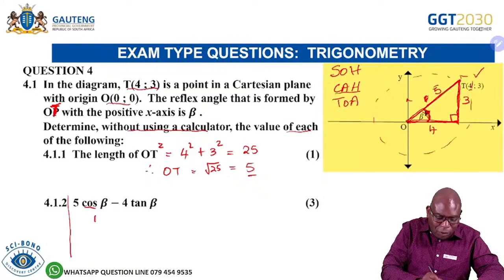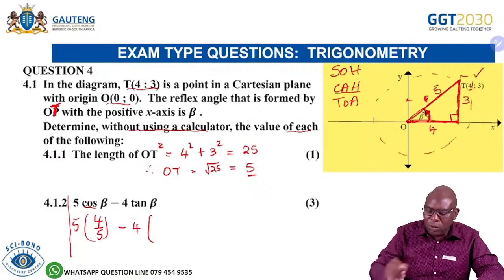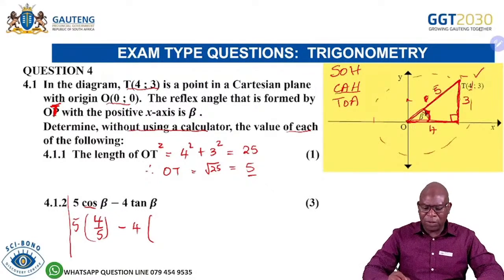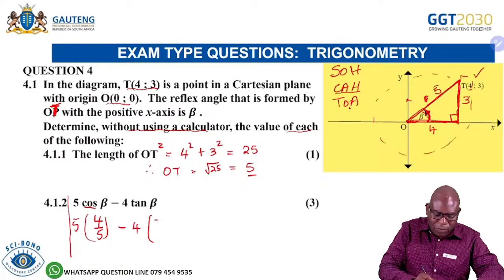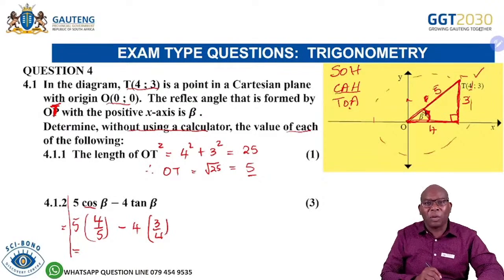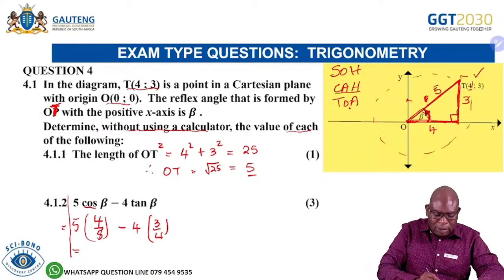So it will be 4 over 5, minus the tangent of beta. Tangent is opposite over adjacent, so it's 3 over 4. From here, please, my boys and girls, use a calculator if you don't want to mess up. But that's easy. 5 cancels out 5, left with 4. 4 cancels out 4, left with 3. 4 minus 3 is 1.